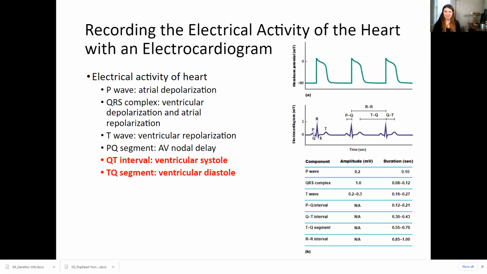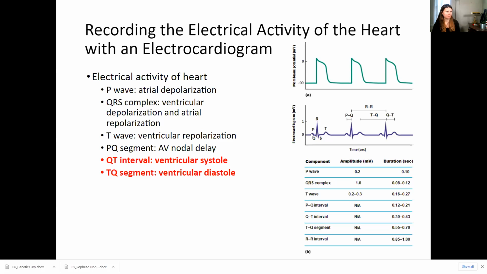Each of these peaks and dips is given a letter so that we can talk about the distance between them, because each of these peaks and dips corresponds to an electrical event in the heart.